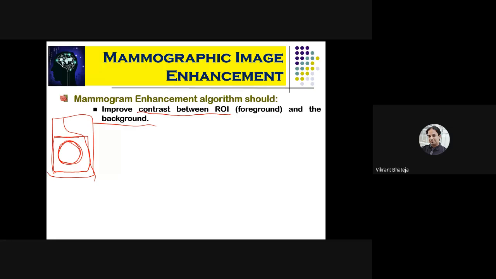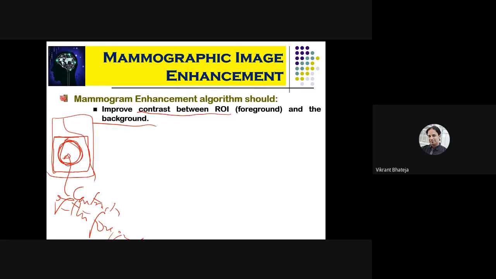Now, what I am supposed to do is apply the algorithm so that the contrast of this foreground region could be enhanced. If I want to emboss a white region, one way is to increase the brightness.